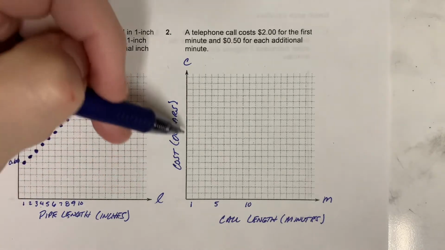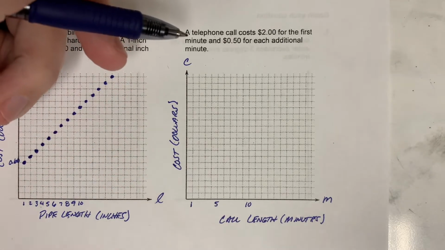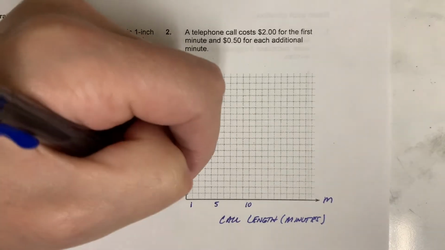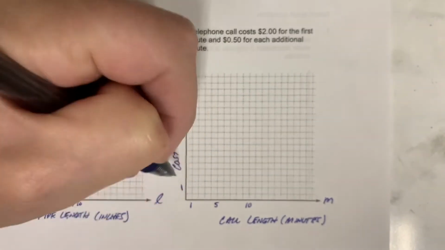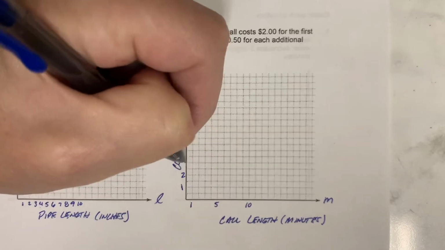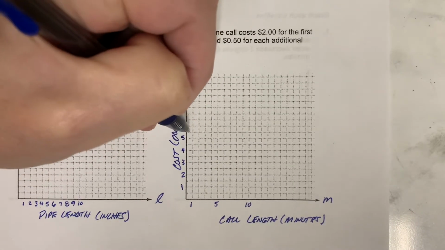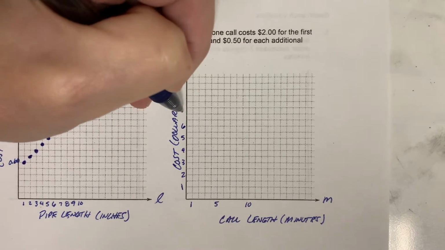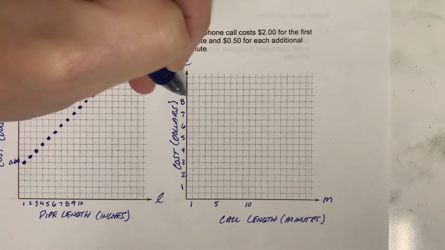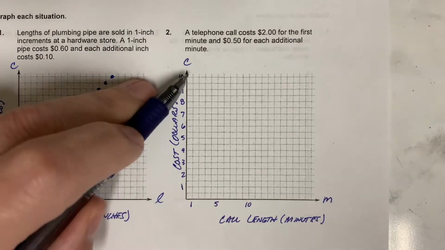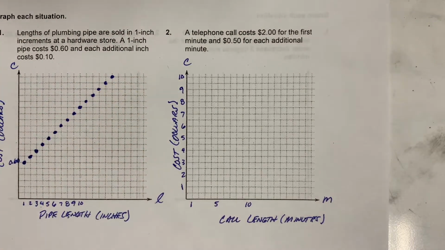And then up here for my cost, if I go by 50 cents each grid line, that would be 50 cents, $1, $1.50, $2, 3, $4, 5, 6, 7, 8, 9, and finally at the very top, $10. So each one of these grid lines is worth 50 cents.